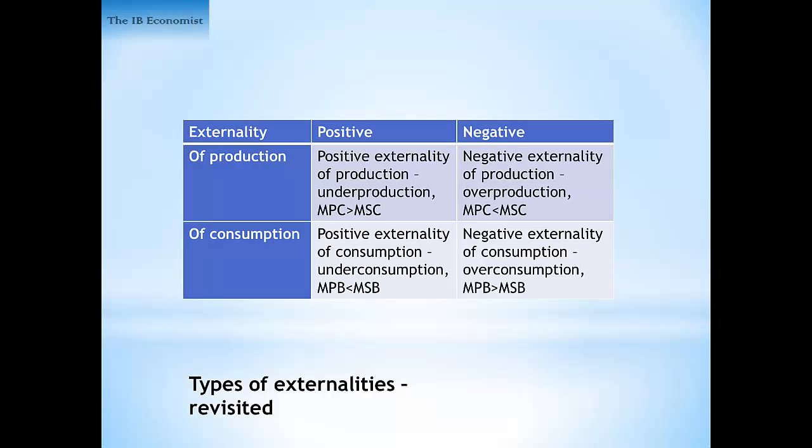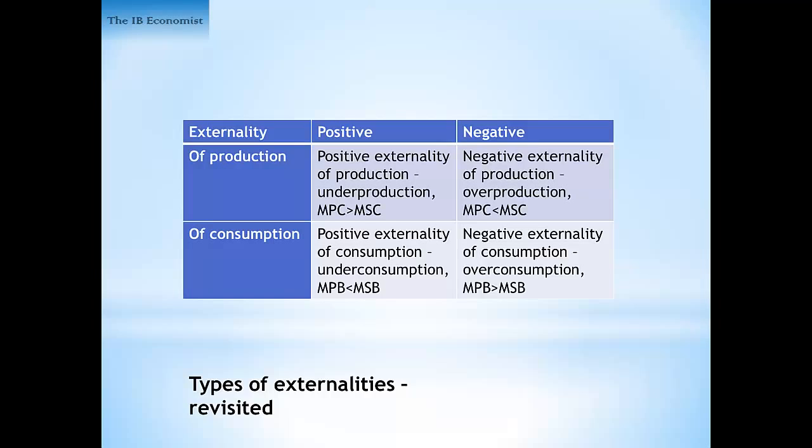The first negative externality is the one of production. When we have a negative externality of production, we actually generate overproduction of a product. In this case, the marginal private cost is smaller than the marginal social cost. This is why the private entrepreneur sees it as profitable to continue producing because his or her cost is too little.